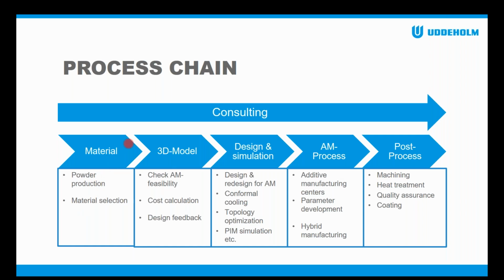The next step for additive manufacturing would be to discuss the actual 3D model. So often when you talk about additive manufacturing, you say that you can print everything. And that is somewhat true. You can print a lot, but some parts are better to print and some parts are not so good to print. And often you can just do small design changes and then they will be more suitable to the process.